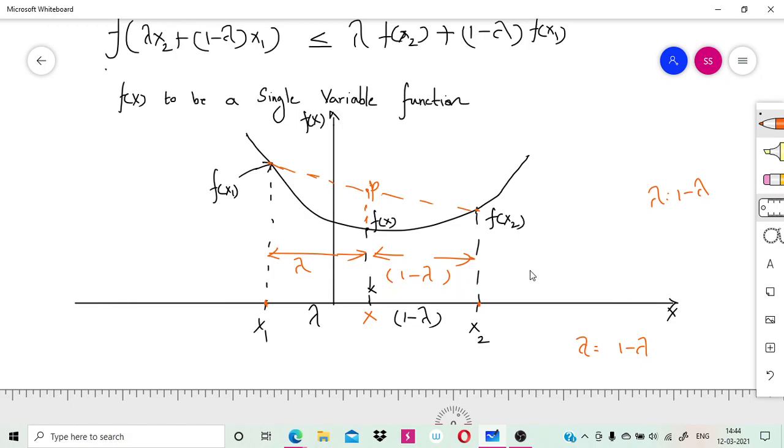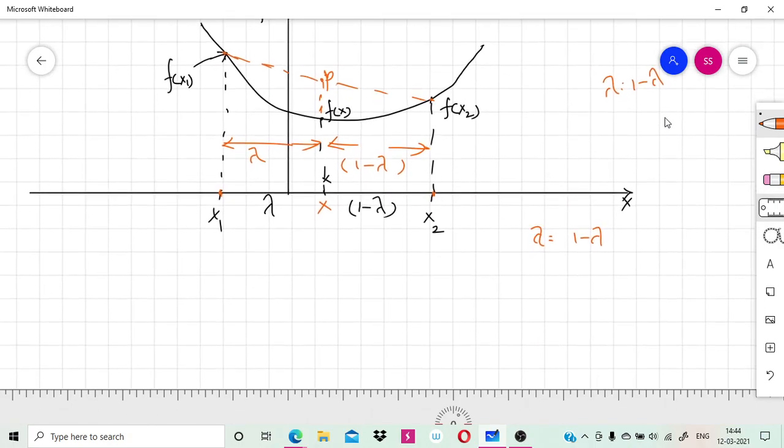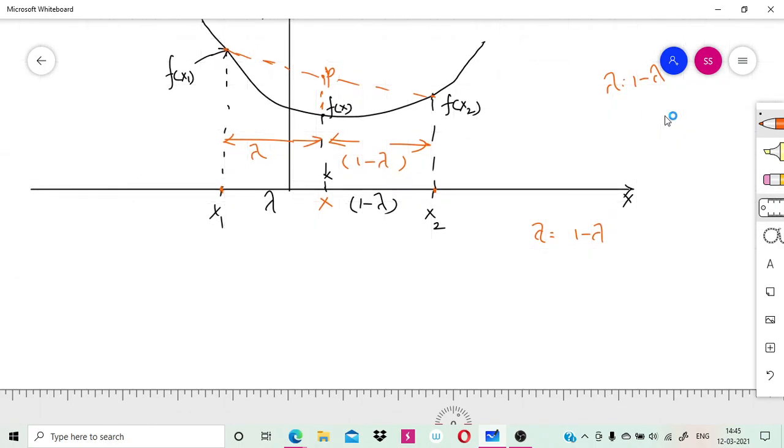We can write X as lambda into x2 plus 1 minus lambda into x1.